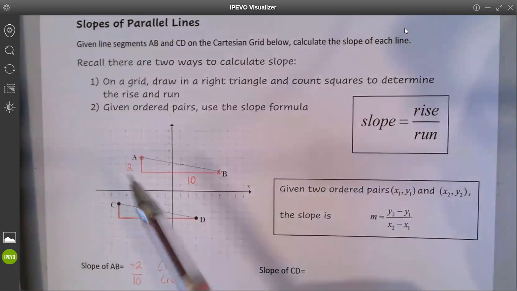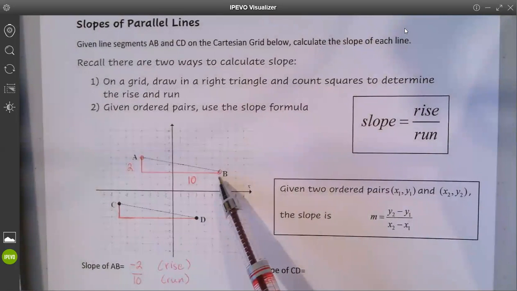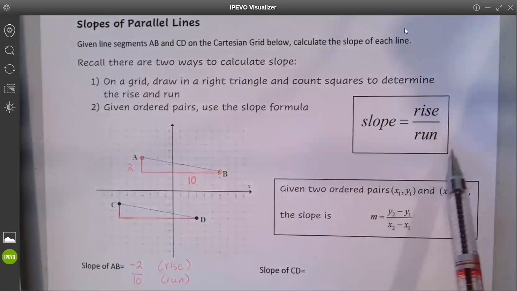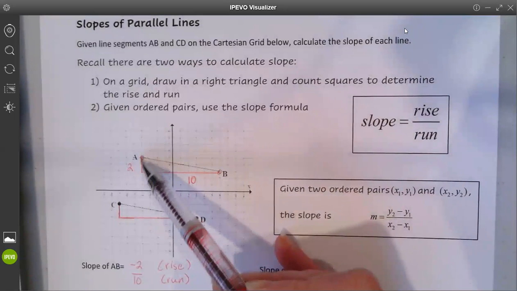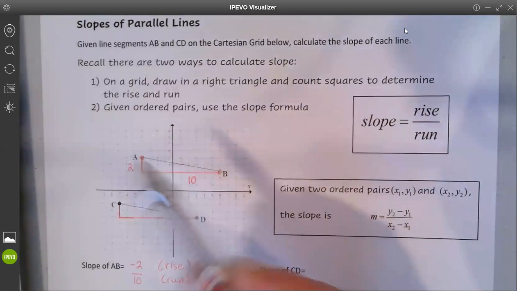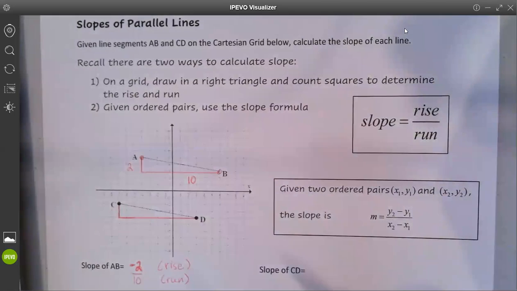So if I draw in a right triangle that connects A to B, using the idea of rise over run, to go from A to B, I counted down 2 squares. So that means my rise is -2 because I had to go down.